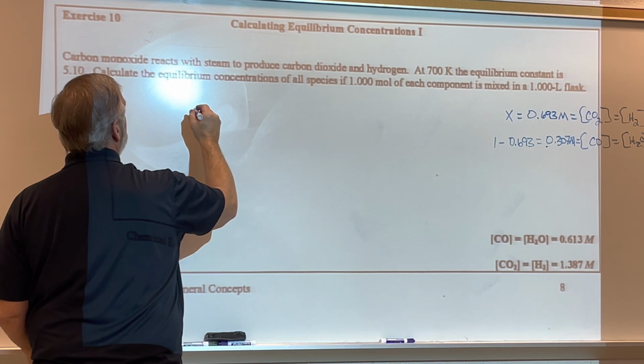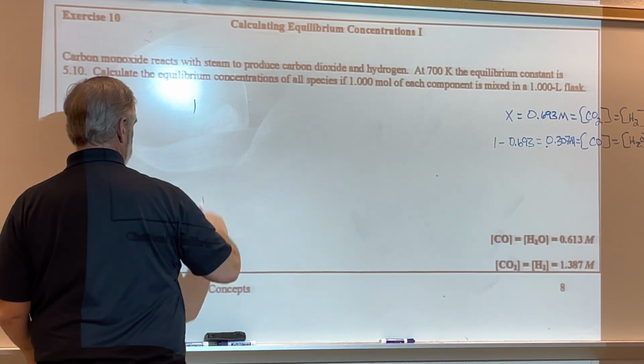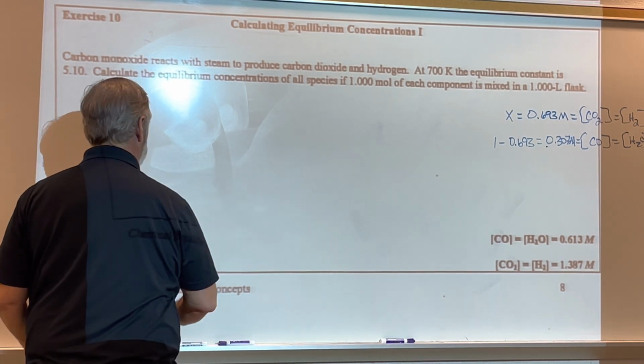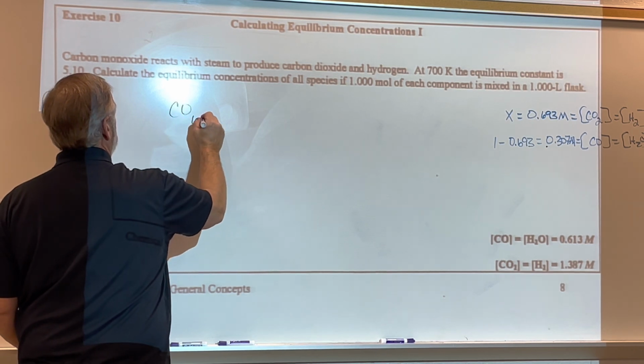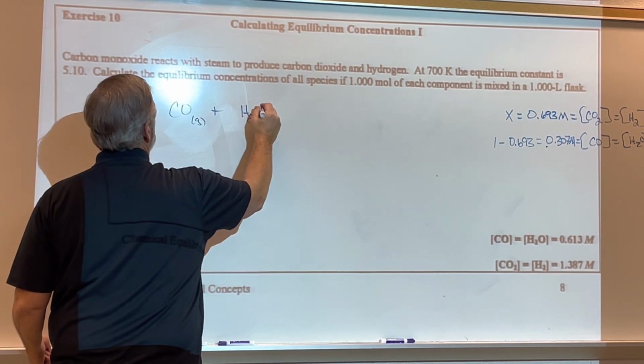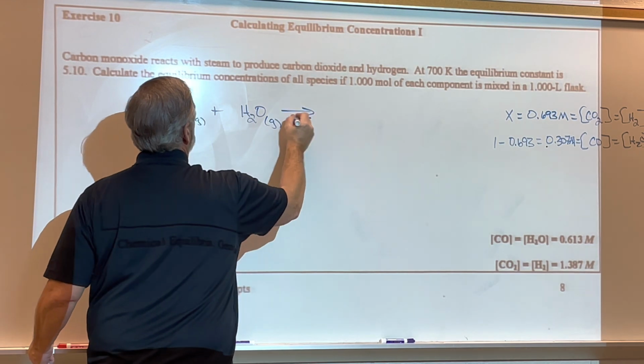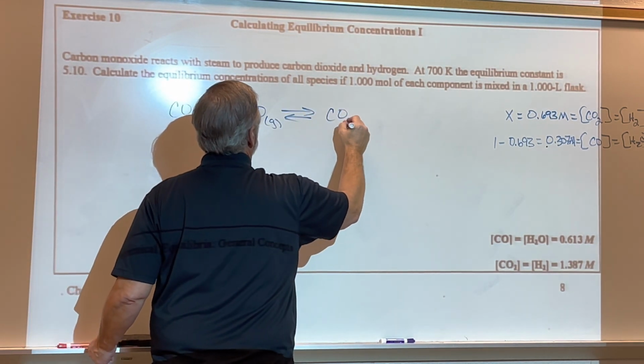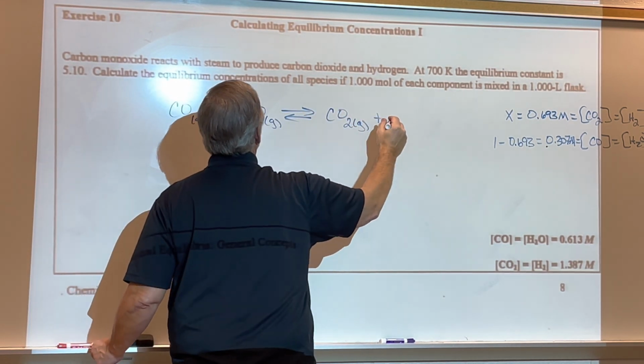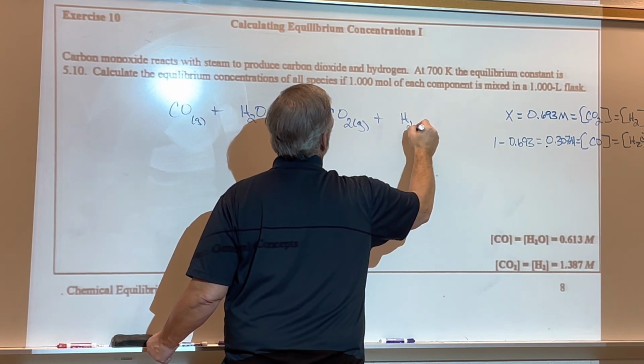Okay, so now I have CO plus H2O goes to CO2 plus H2 gas.